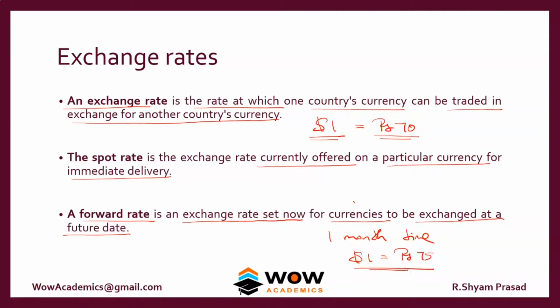So this is a forward rate: $1 to 75 rupees. Forward rate is always in terms of a future period where you are promising to give $1 and you are also asking the promise of another party to pay you the other amount. So that is about the forward rate.